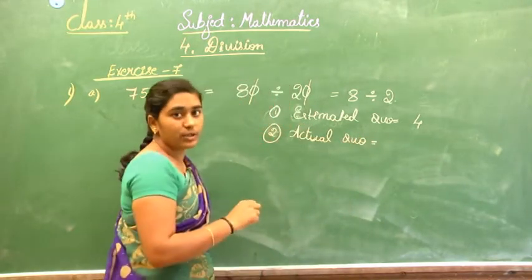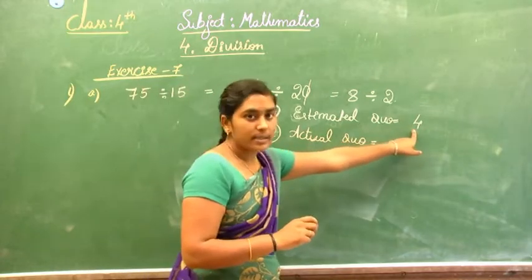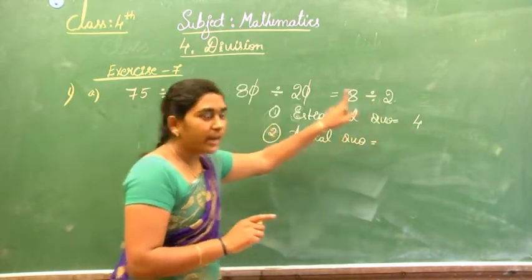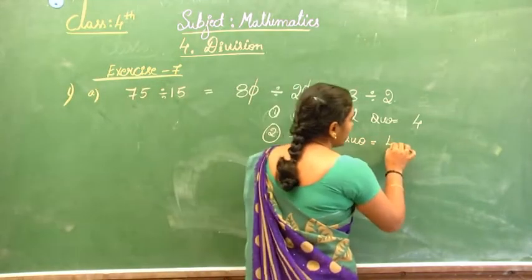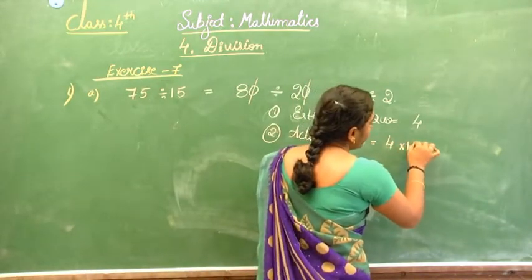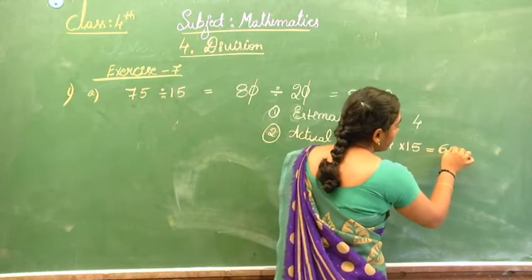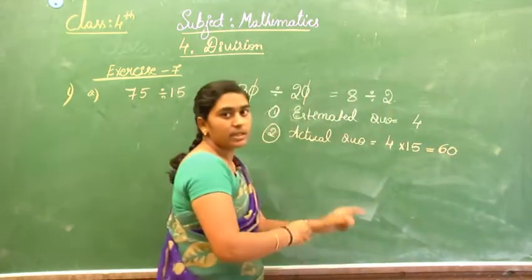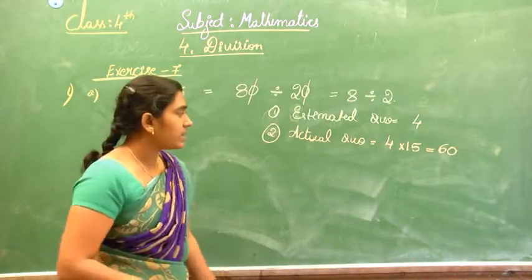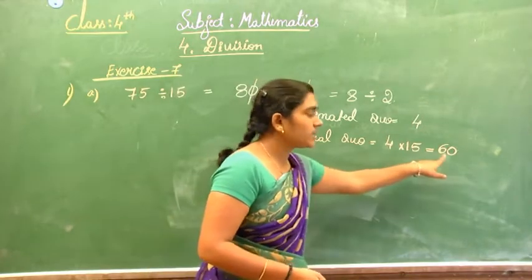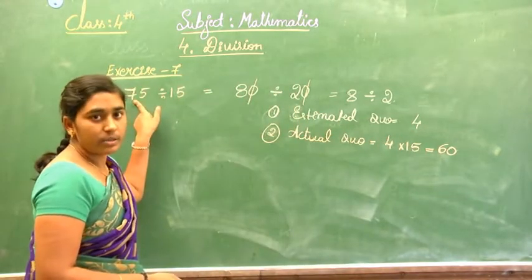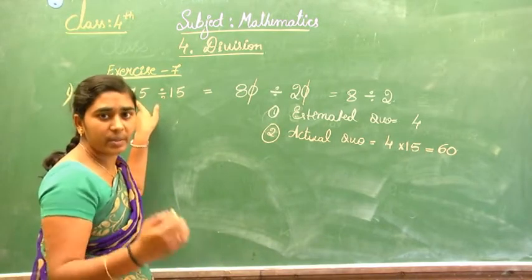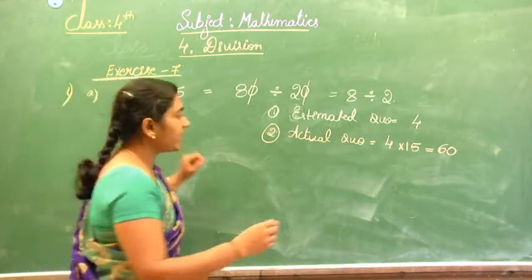How do we calculate it? Estimated quotient multiplied with the actual divisor, that is 4 into 15. 15 fours are 60. You need to remember all the tables. Is 60 nearer to the dividend? It is not. It is much lesser than the dividend, which is 75.